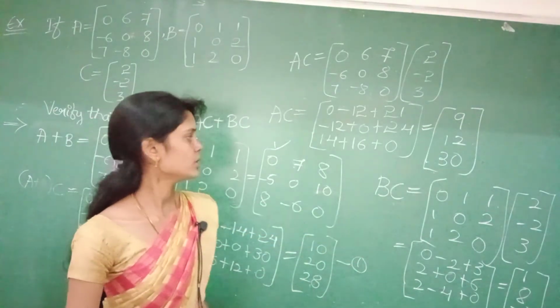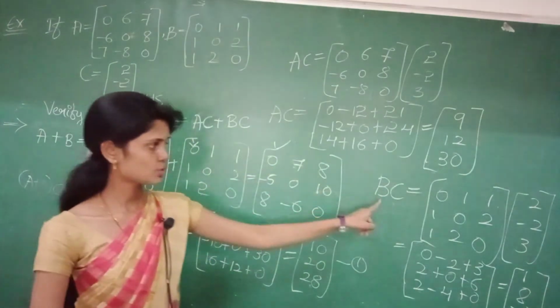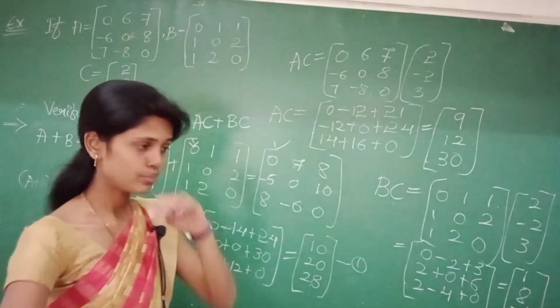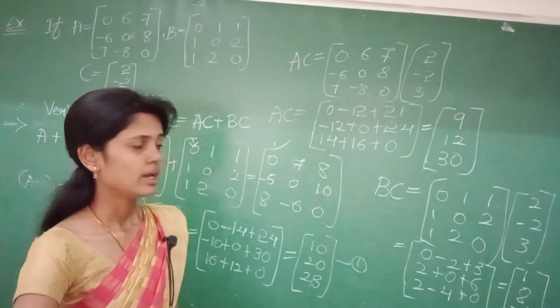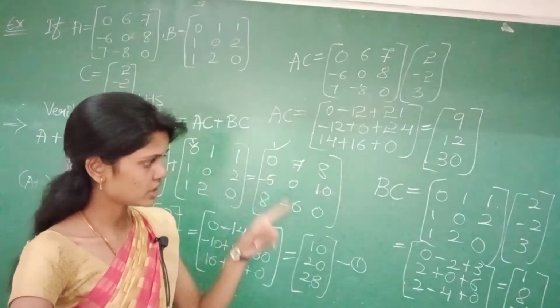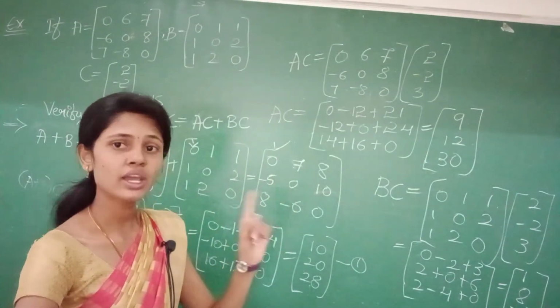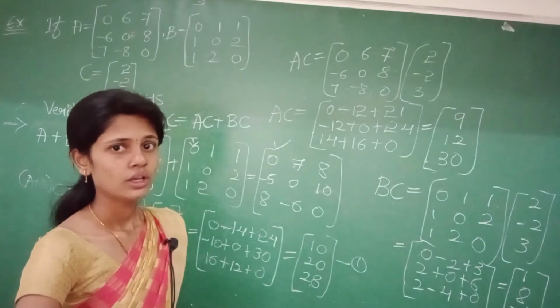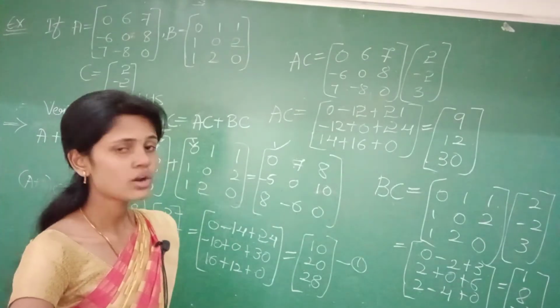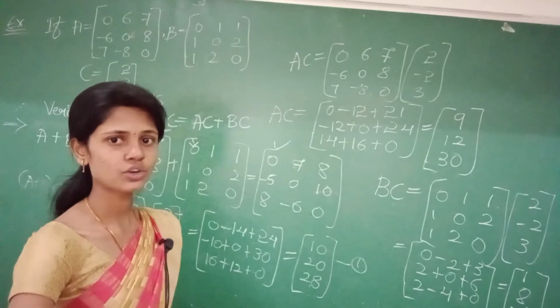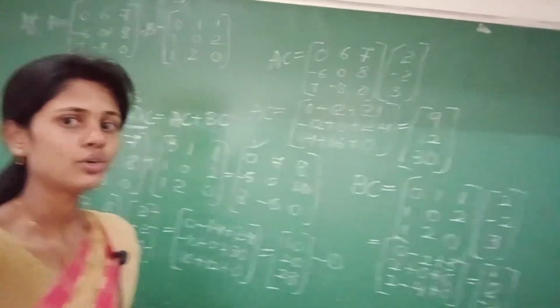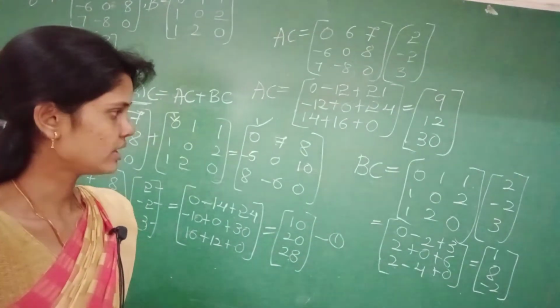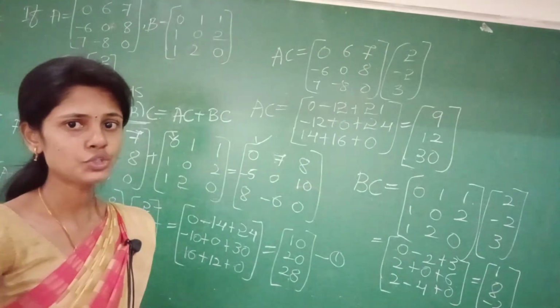Then BC, what we want actually is BC. So write down the matrix B and into C. In matrix B we have 3 columns and in matrix C we have 3 rows. Then directly we can go for the multiplication of two matrices. Then what we get? 1, 8, minus 2.